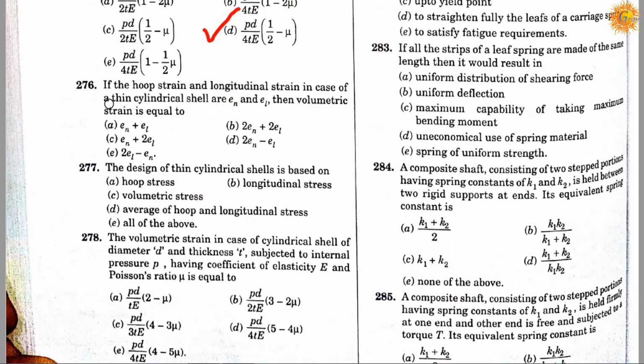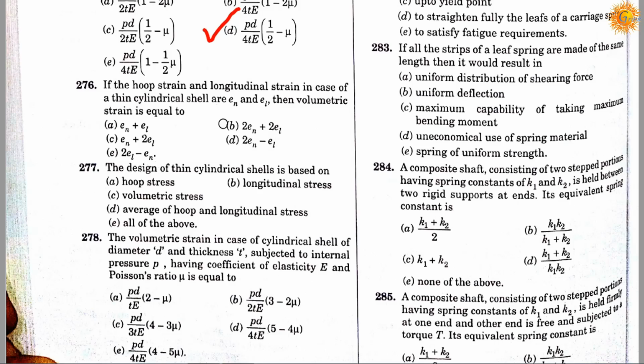Question number 276. If the hoop strain and longitudinal strain in the case of a thin cylindrical shell are e subscript n and e subscript l, then volumetric strain is equal to: option A, en plus el; option B, 2en plus 2el; option C, en plus 2el; option D, 2en minus el; and option E, 2el minus en.